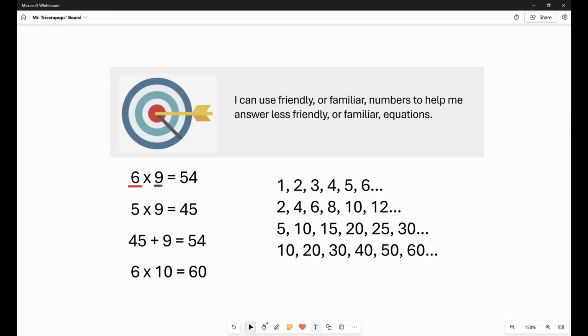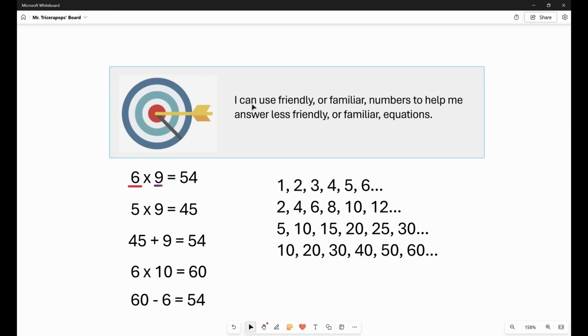So this time, I take my 60 from my 10 groups of 6 and I'm taking away a 6, right? Because I'm going back down to the 9 groups of 6. And so again, you can count. Use your fingers if you have to. You can count down from 60 and go 59, 58, 57, 56, 55, 54. You see how we did that?